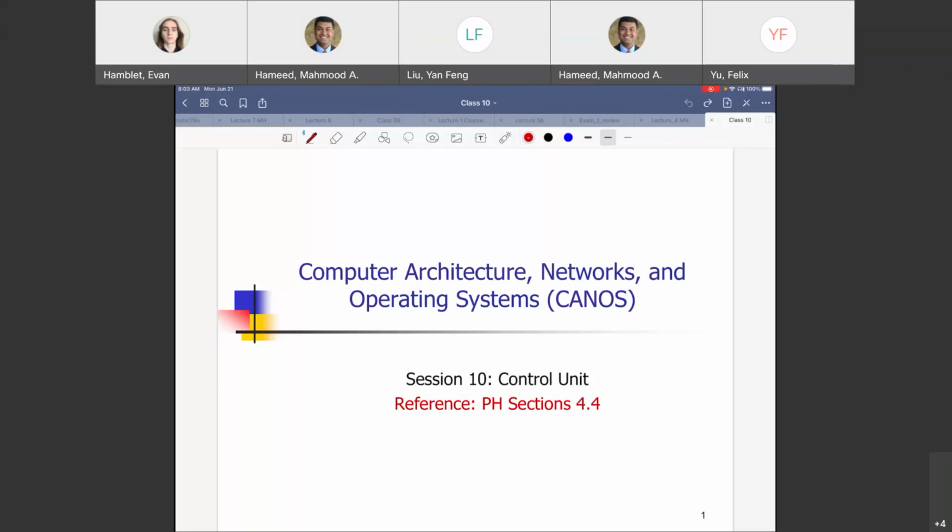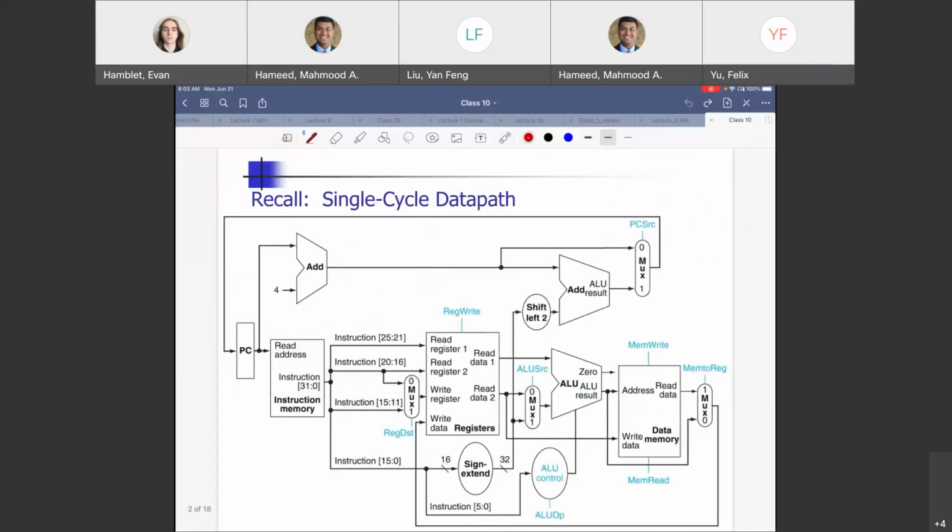So we need actually two control units. We're going to call them main control and ALU control. They have their own purpose.